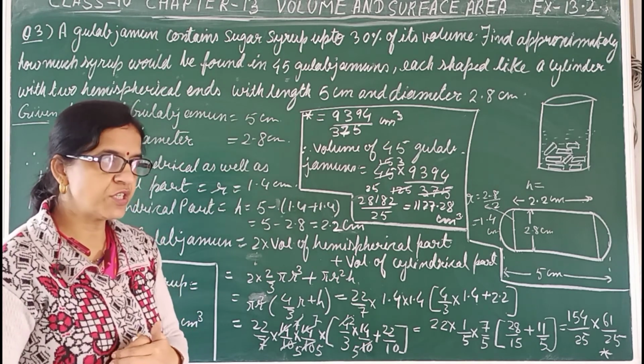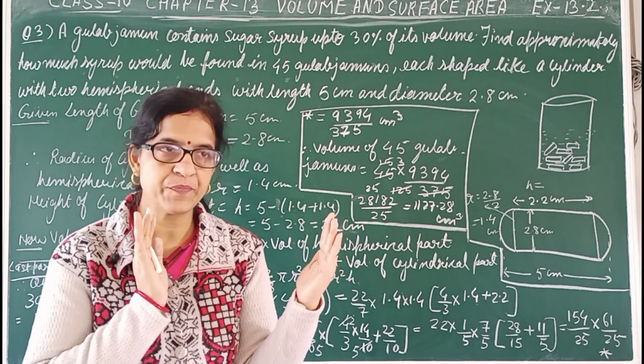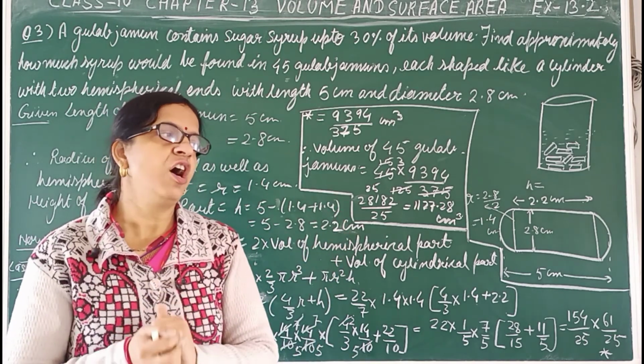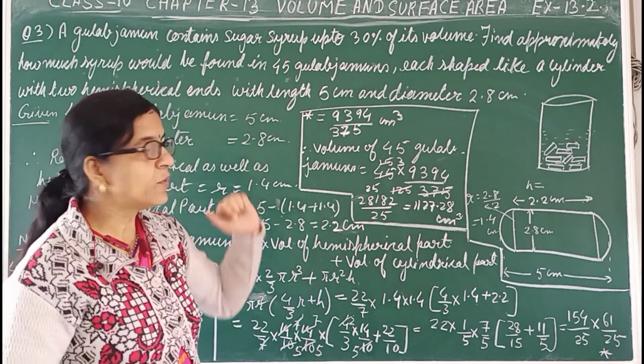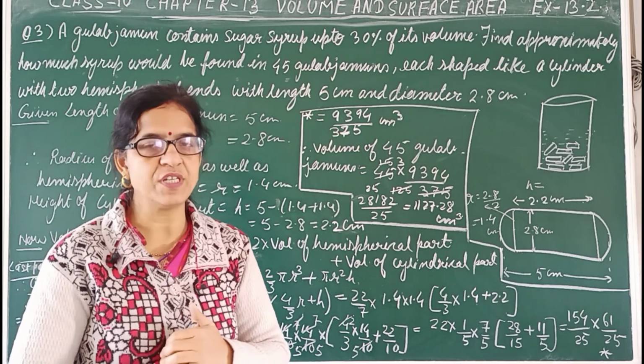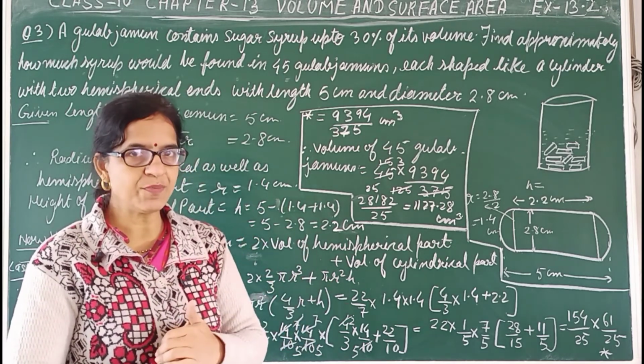Again I am explaining the question. A gulab jamun is there whose total length is 5 cm. The diameter of the gulab jamun, the thickness of the gulab jamun, is given as 2.8 cm. The quantity of sugar syrup in one gulab jamun is 30% of it. Now 45 such gulab jamuns are there.